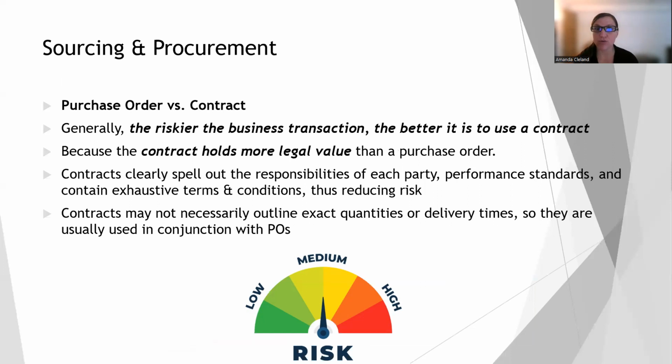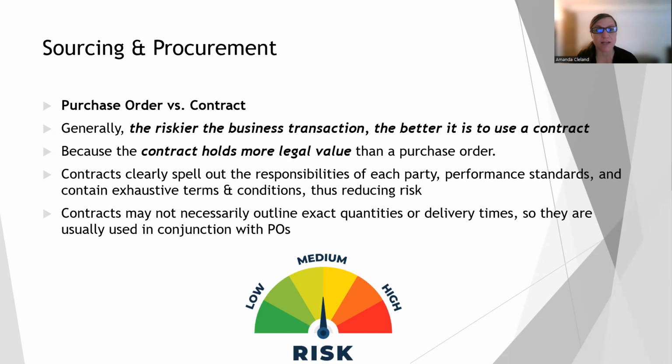The contract holds more legal value than a purchase order, so that is going to protect both parties from risk. Contracts very clearly spell out the responsibilities of each party, the performance standards, and usually they're going to contain very exhaustive terms and conditions, T's and C's, and again, going to reduce risk for both parties.